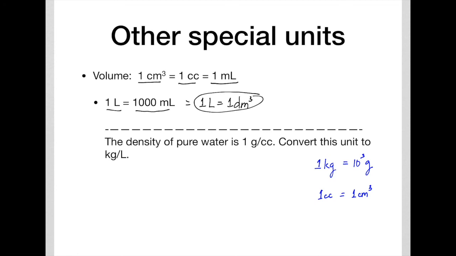And 1 centimeter cube is just equal to 1 ml. And 1000 ml equals 1 liter. So we have here 1 gram per cc. My goal here is to simply convert these grams into kilograms.